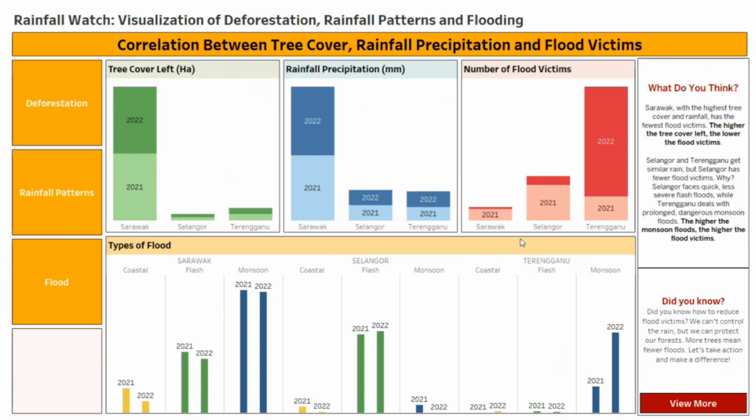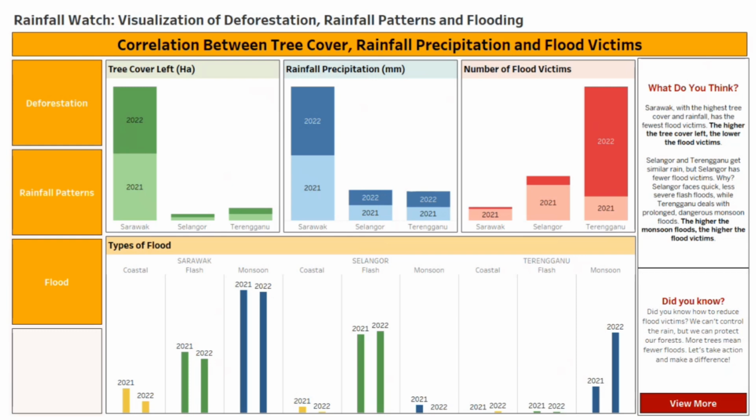And then, when we look at Selangor and Terengganu, both of them have almost the same tree cover left, and also the same rainfall precipitation. But why does Terengganu have a higher number of flood victims compared to Selangor? When we look at the types of floods here, it is shown that most of the floods in Selangor are flash floods, and most of the floods in Terengganu are monsoon floods.